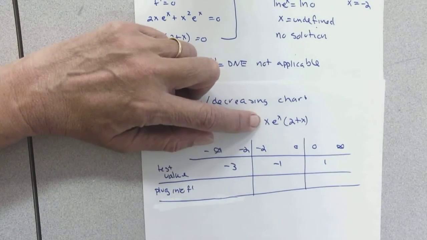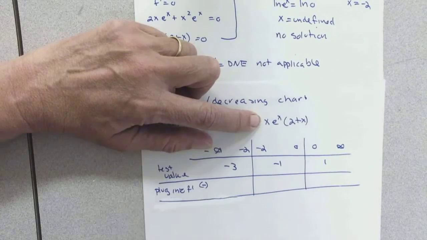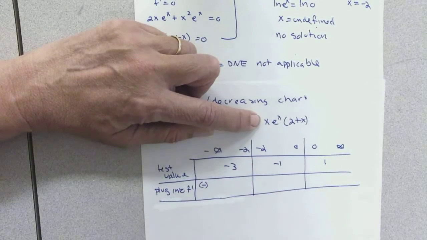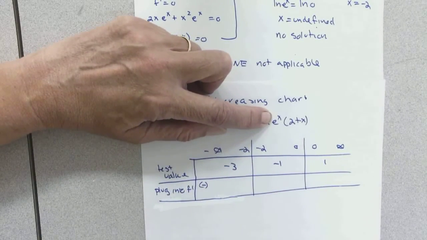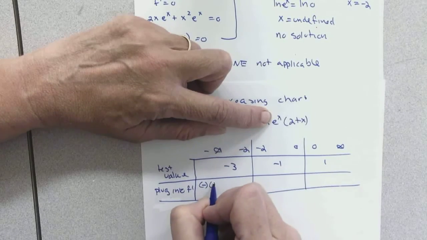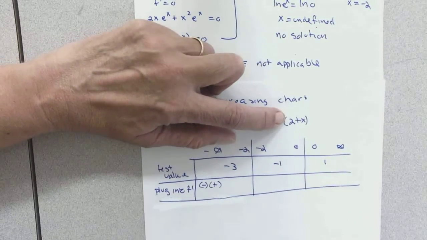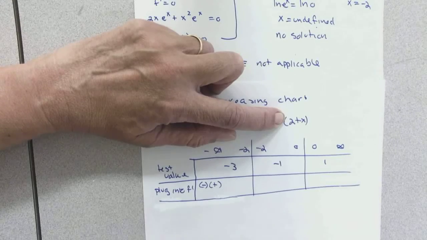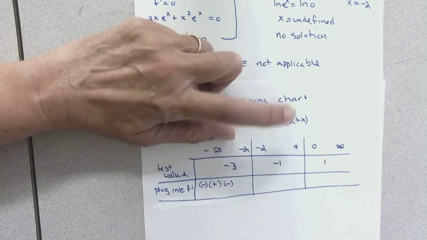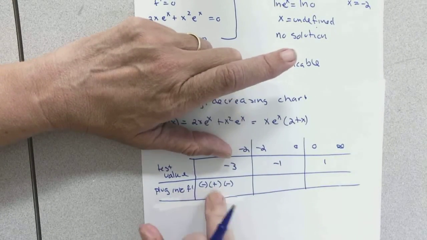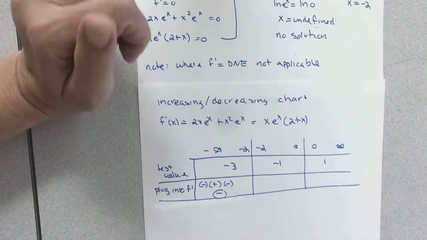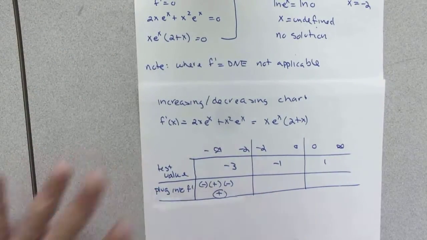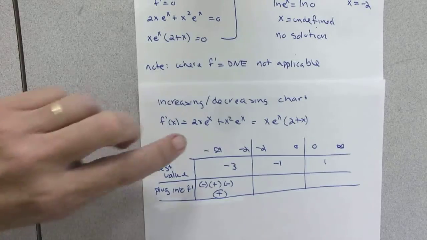If I plug -3 into the x, that's going to be negative. If I plug -3 into the e to the x, e to anything is positive. And if I plug -3 into the 2 plus x, that's going to be negative. So I got a negative, positive, negative. The whole thing's going to be positive. That's all I need there.